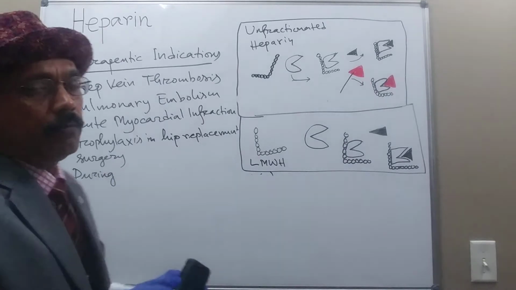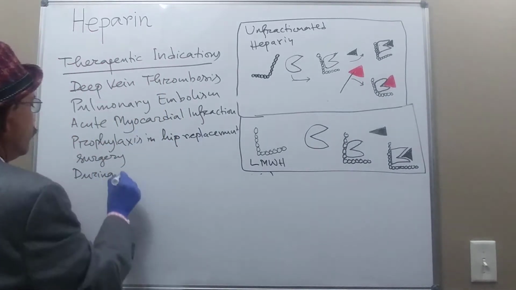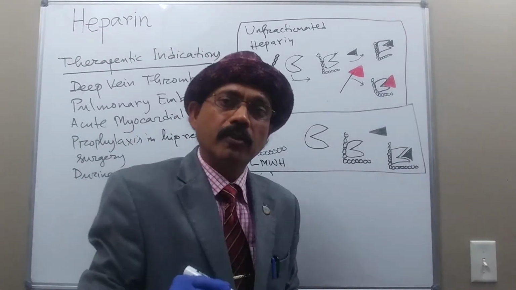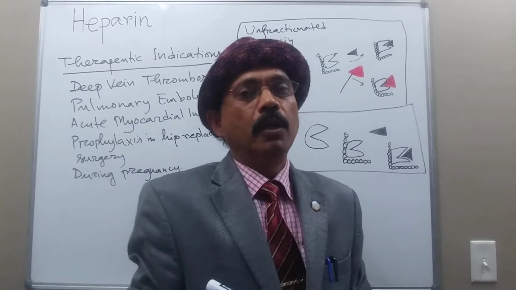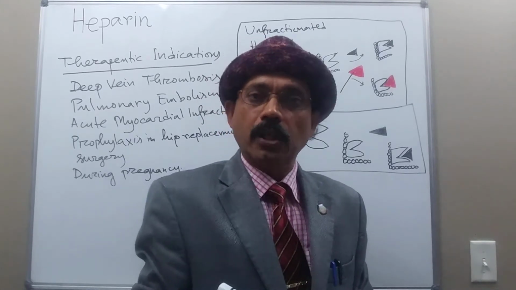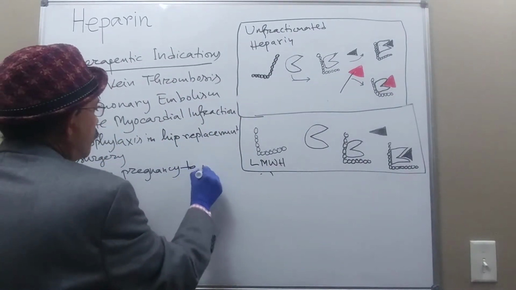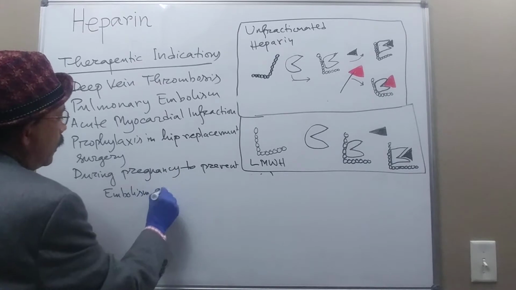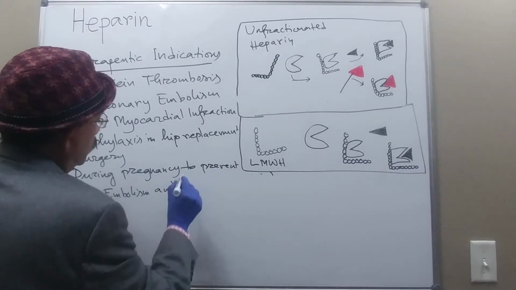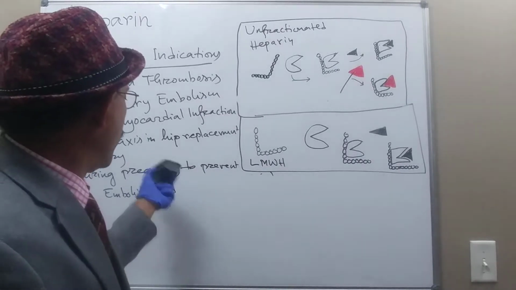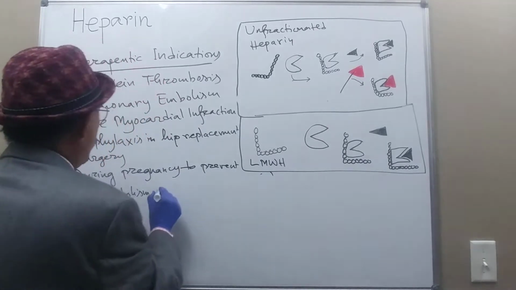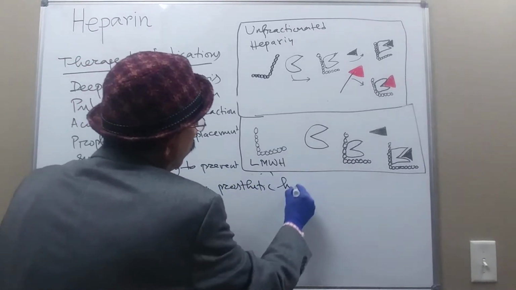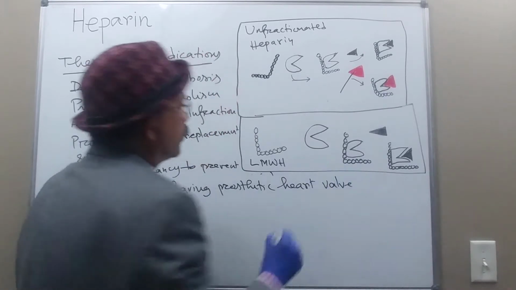It can be used because it does not cross the placenta, so it will not harm the fetus and will not cause congenital birth defects. It is used to prevent embolism in pregnant women having prosthetic heart valves.